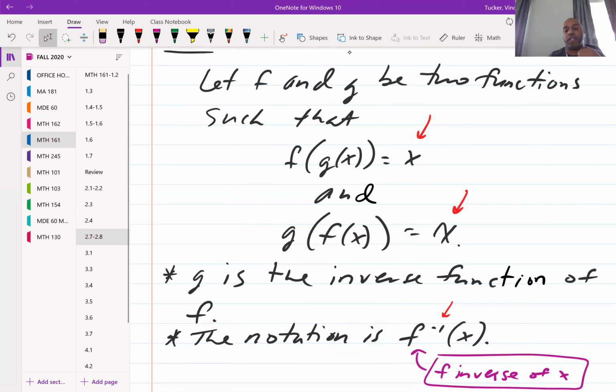And then your notation here is f inverse of x. So you put that superscript -1 as your exponent. All right.